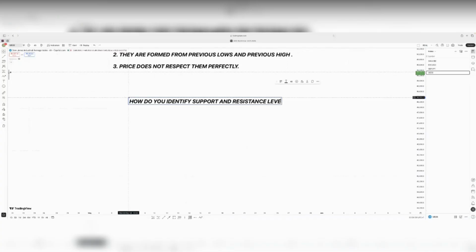Now, how do you identify support and resistance levels? How do you identify your support levels and your resistance levels? This is what we are going to discuss right now. All right?